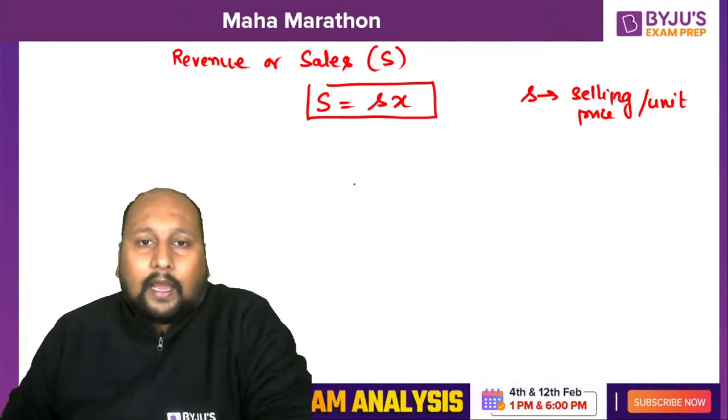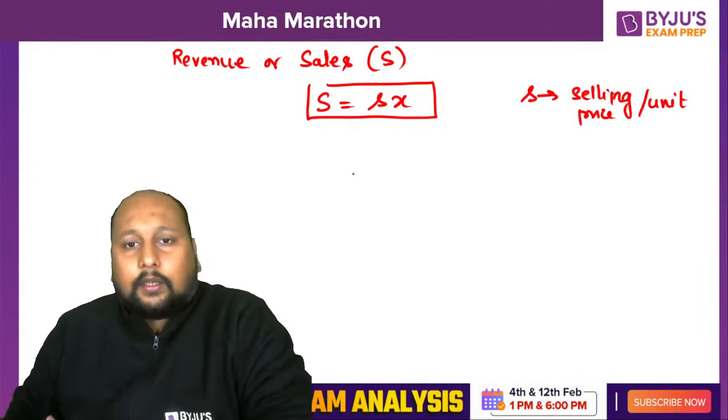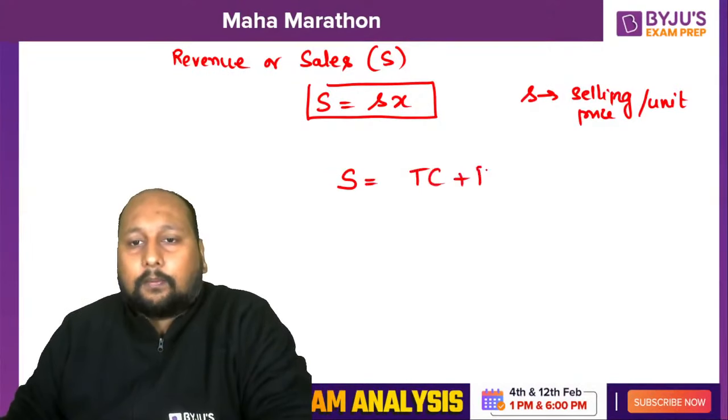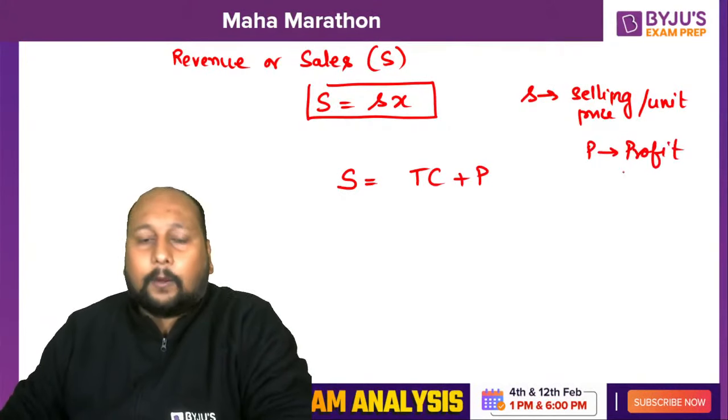So in the general case, the total revenue is equal to total cost plus profit. P is basically profit.